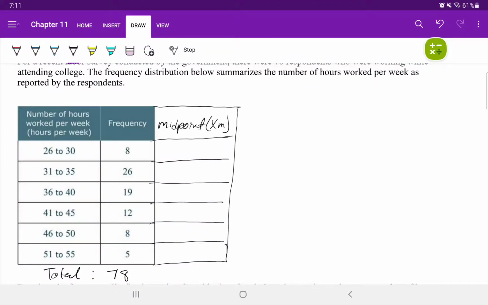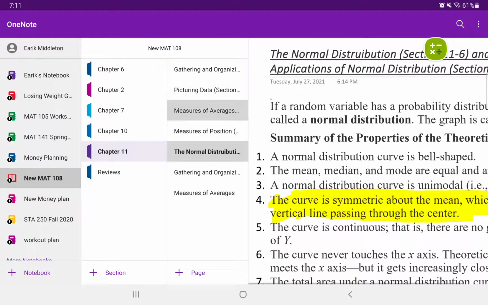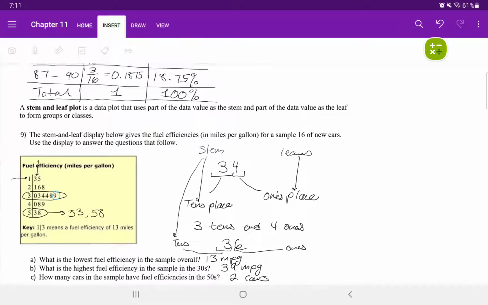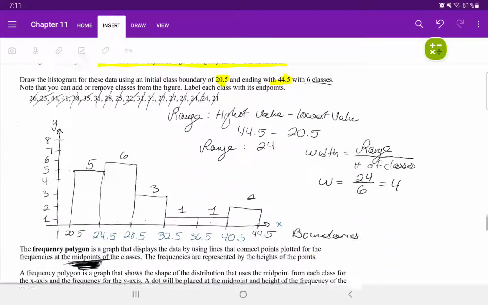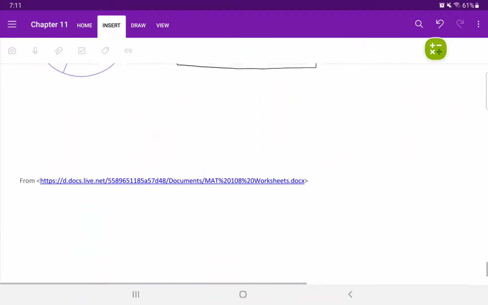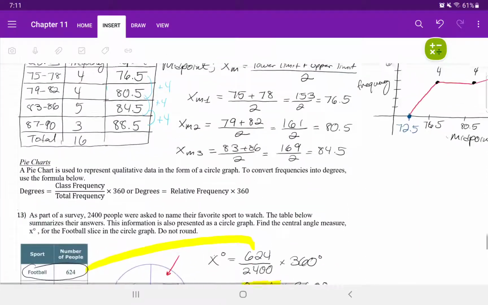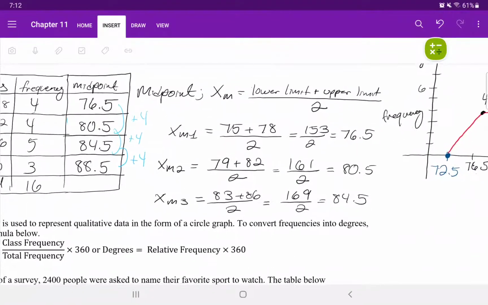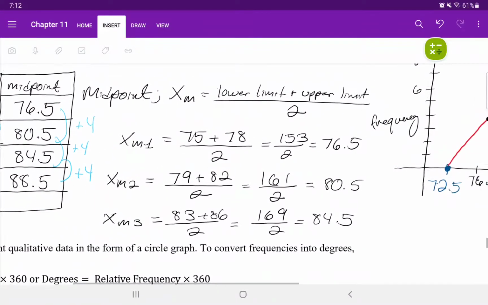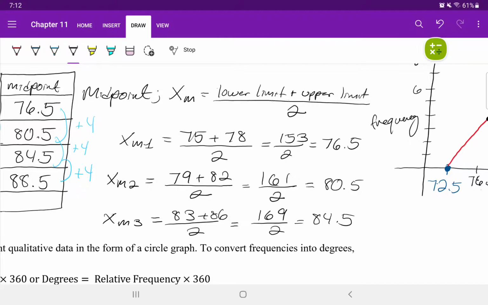Now, remember, to find the midpoint, we did that when we were constructing a frequency polygon. Where's that at? It's right here. We're going to use this formula: the lower limit plus the upper limit divided by 2. Let's go ahead and do that.